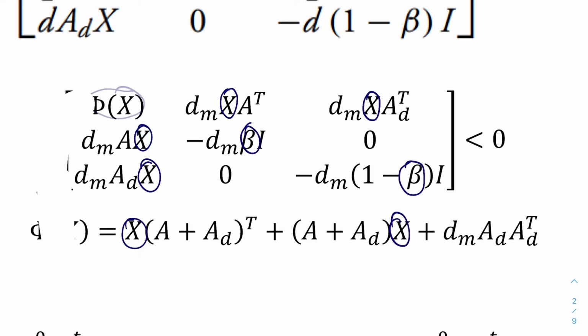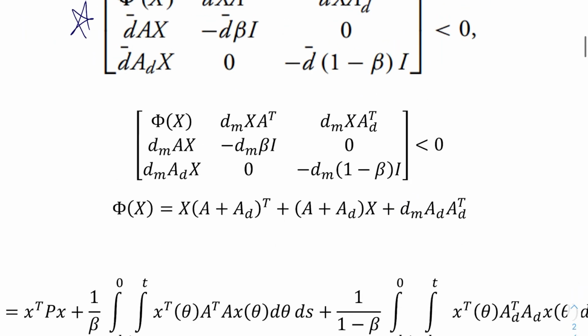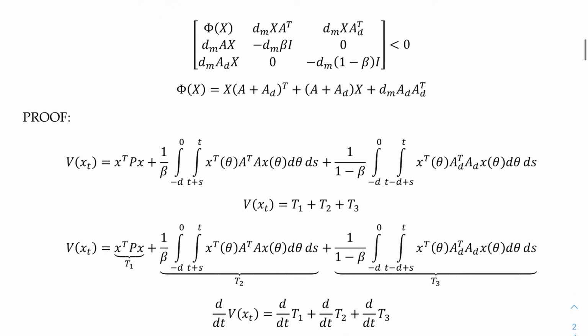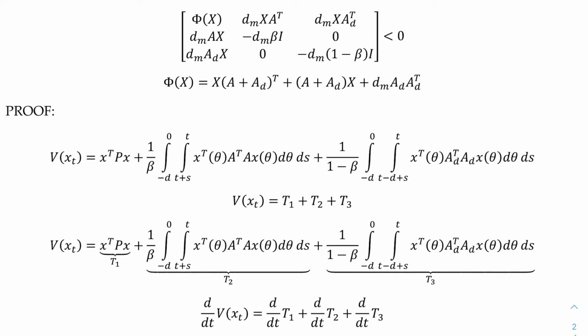And now let's prove this theorem. Again, that's also a sufficient condition, but a less conservative one. This is going to be messy, by the way, so heads up. And this is the Lyapunov function. Again, the first term is something that we are familiar with.